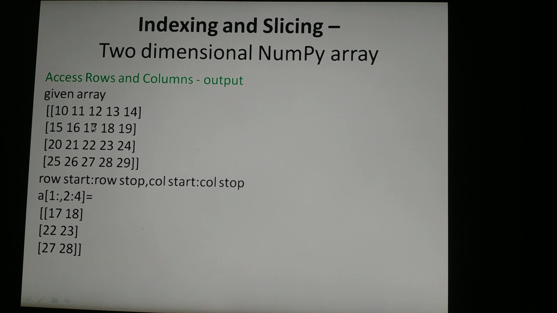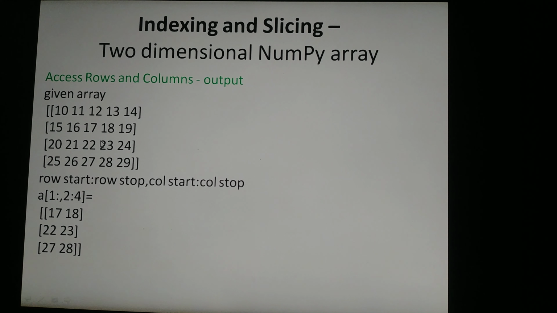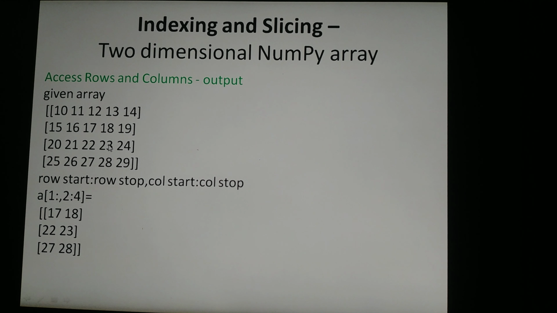So this is first row, second column to third column. So 17 and 18. Next is second row, 2 to 4. So 2 is 22, 4 means -1 we have to take, so 2 to 3, so it is 22 and 23. And last row is from 27 to 28 is my slicing. So this is how we got the output.